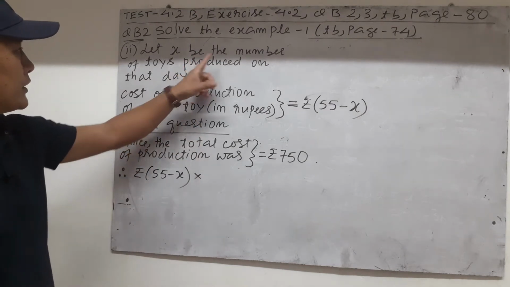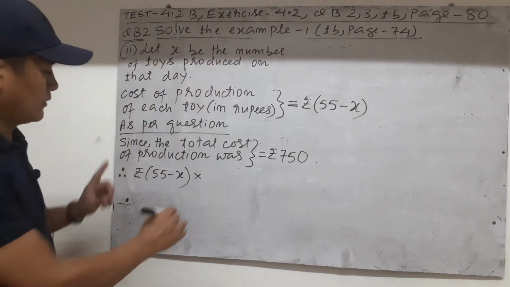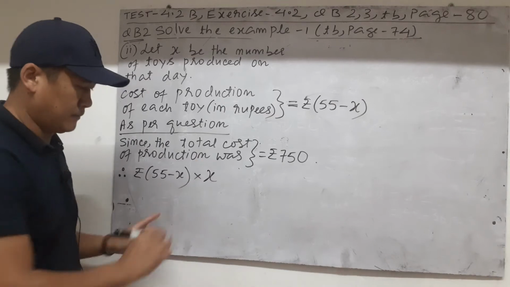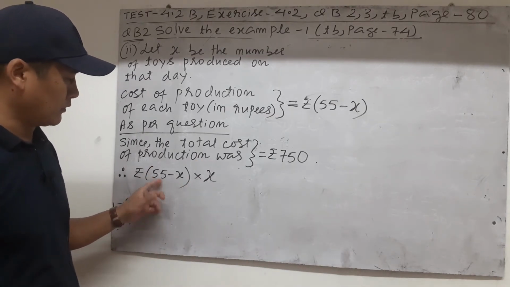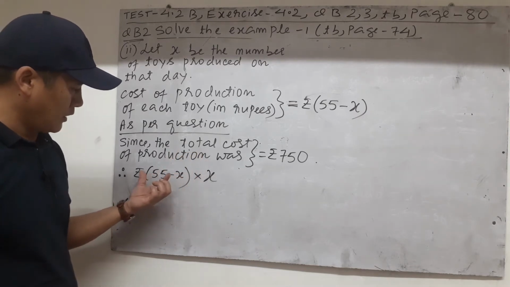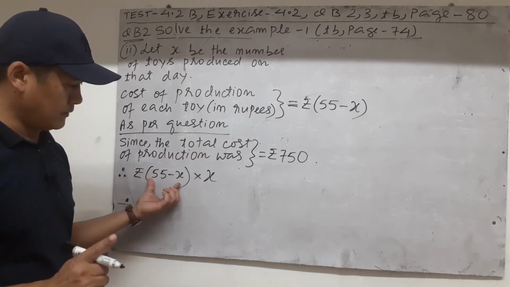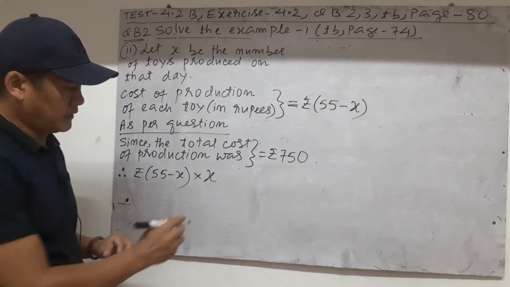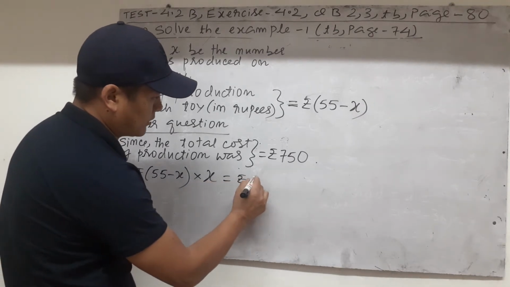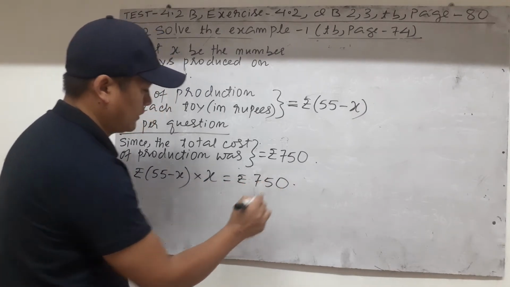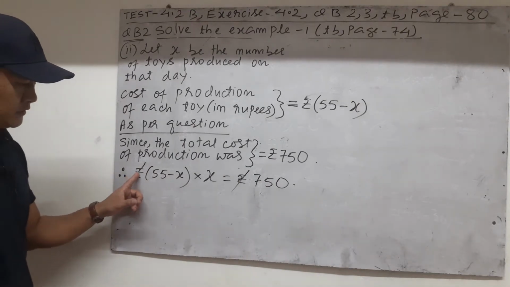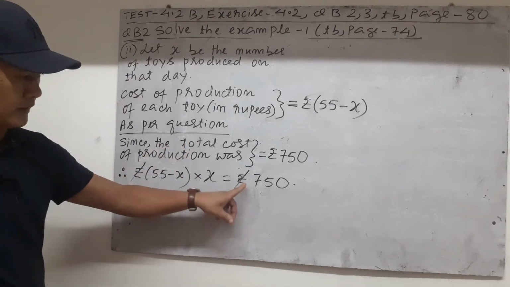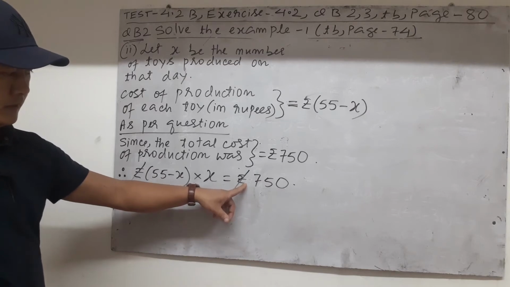The number of toys produced on that day is X. Total cost is cost of producing one toy multiplied by number of toys, and the question is saying it is equal to rupees 750. So this rupees and rupees can cancel.